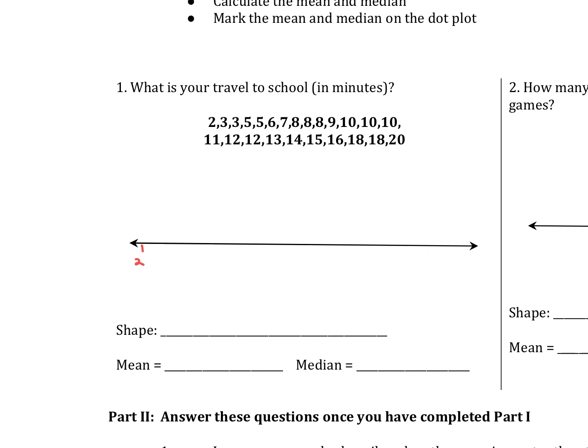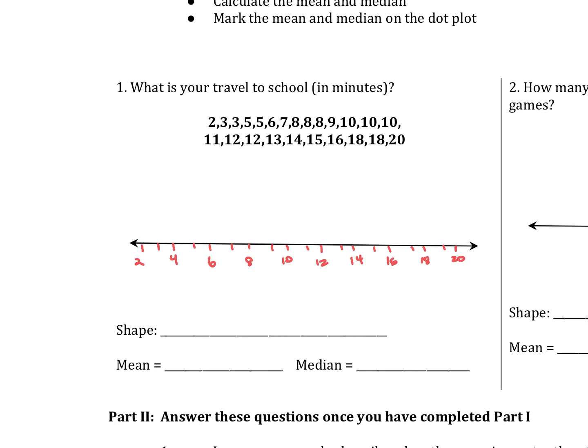And although I'm going to put enough lines for all of them, I'm going to label every other one just because it's a little bit easier. 10, 12, 14, 16, 18, 20.